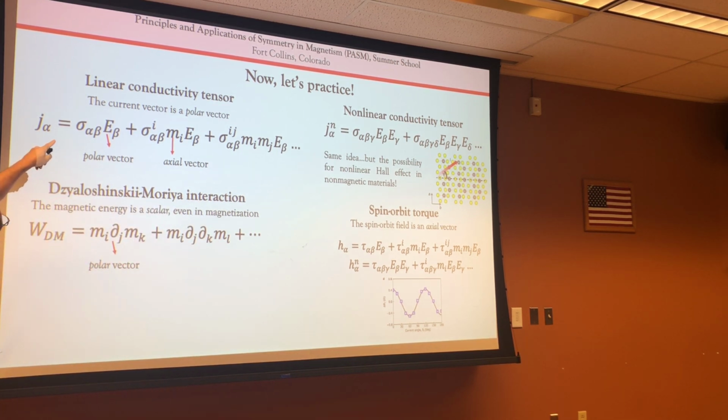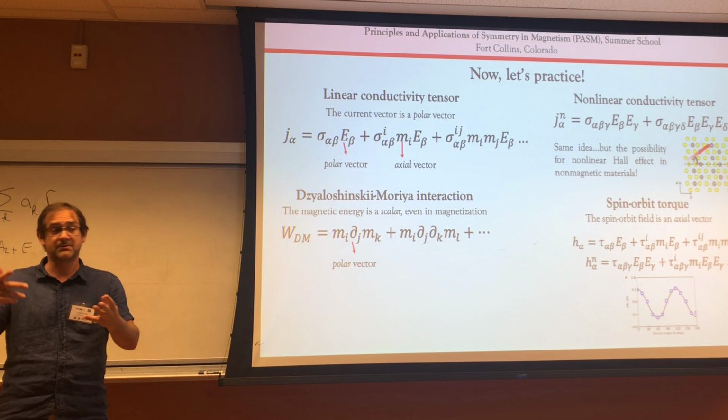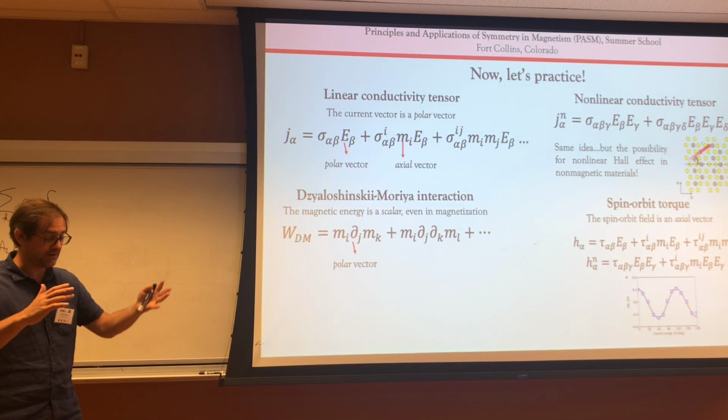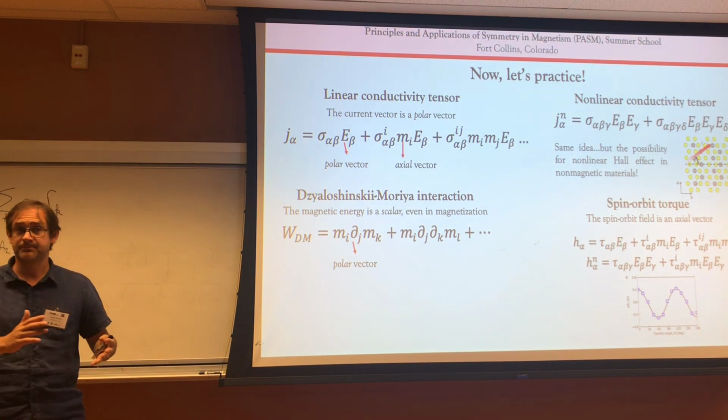So if you consider the linear conductivity tensor, and this is something that Jakub was mentioning. What Jakub does is that he actually takes the actual operations, the actual matrices, and he applies these transformations on the tensor response.